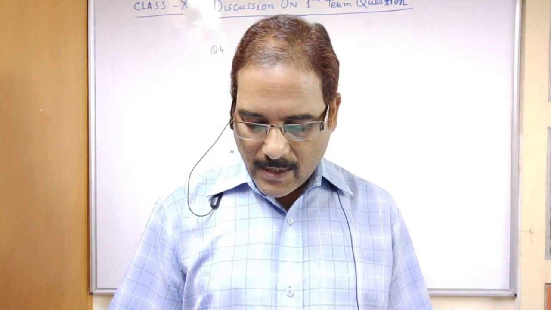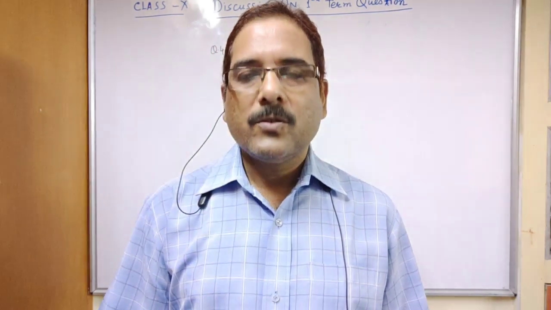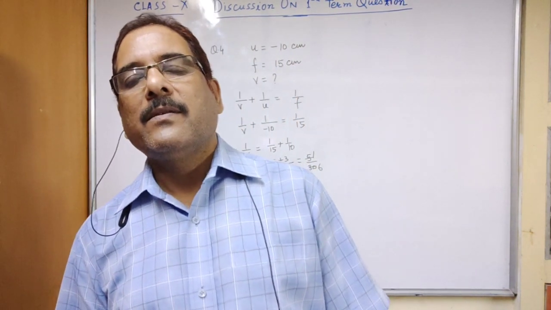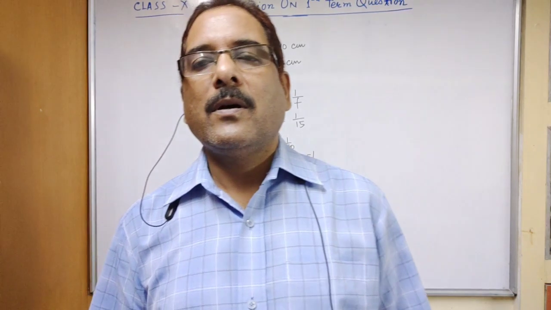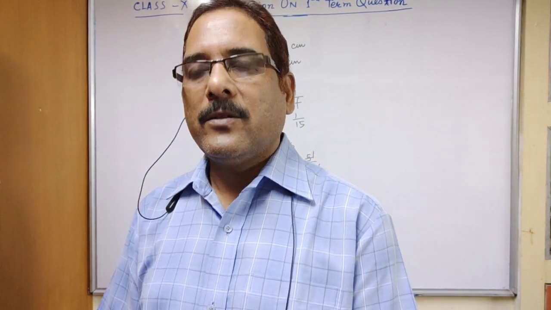Now the 8th question is: a prism causes only dispersion, only deviation, dispersion and deviation both, or neither dispersion nor deviation. So C option is correct. Dispersion takes place when light passes through a prism, and deviation also, because the ray of light deviates when it enters from air to glass.